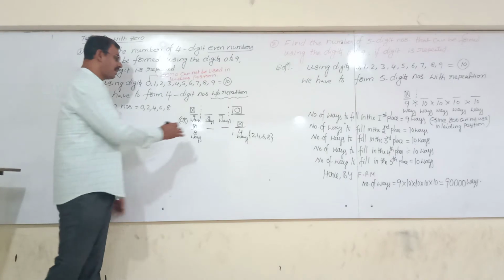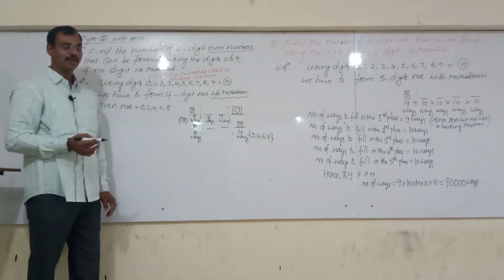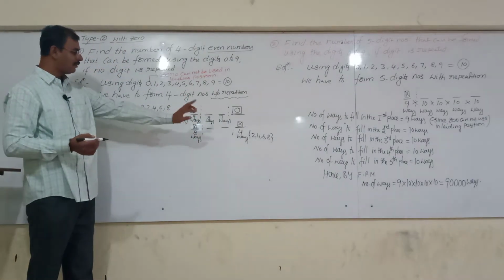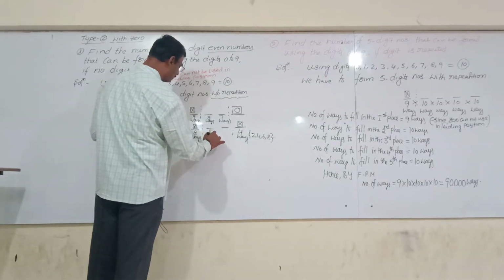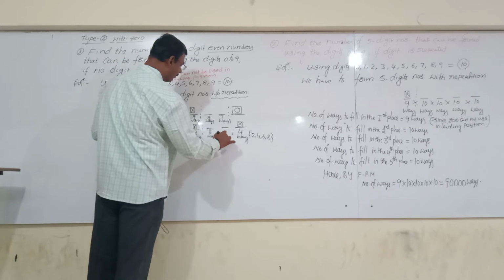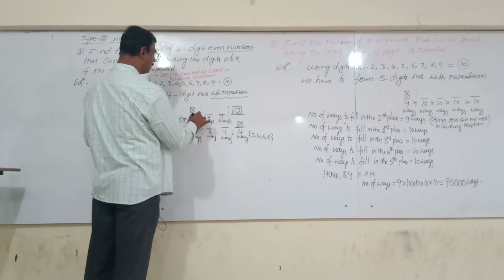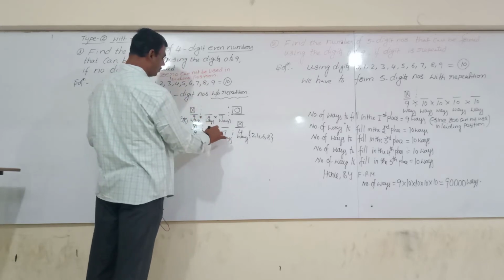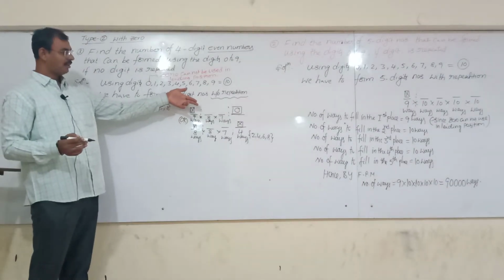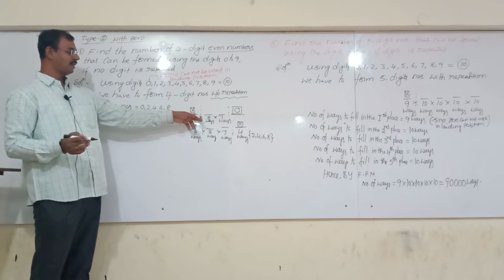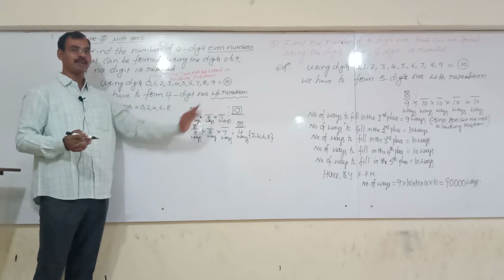In the next position 0 is allowed. Okay. How many ways would I fill in this position? This can be filled in 8 ways. Similarly, this can be filled in 7 ways. So by the fundamental principle of multiplication, we have to multiply. So if 0 is filled in the unit place, total number of ways is 9 into 8 into 7.